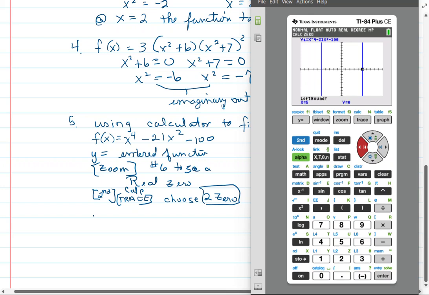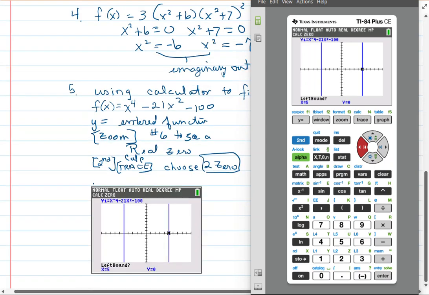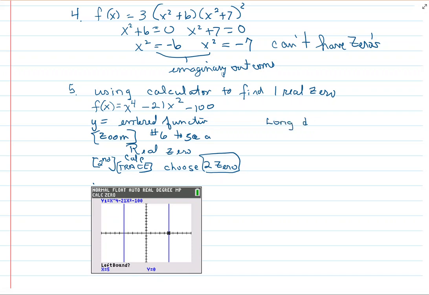And I'll paste that right now so I don't have to do it later. It's acting funny for me. There we go. All right. So I know 5 is going to work. Now I'm going to do long division. Or you could find the other one if you're wanting to. All right.